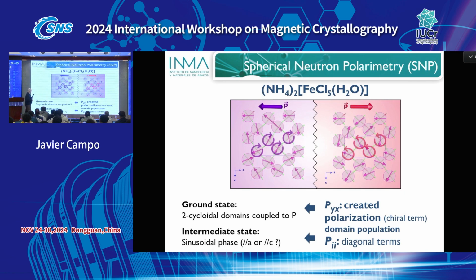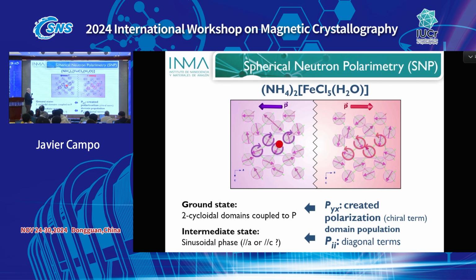And then here, what is happening in the compound is that we have magnetic domains with one chirality and with the other chirality. And then the multiferroicity will appear when you have only one domain.